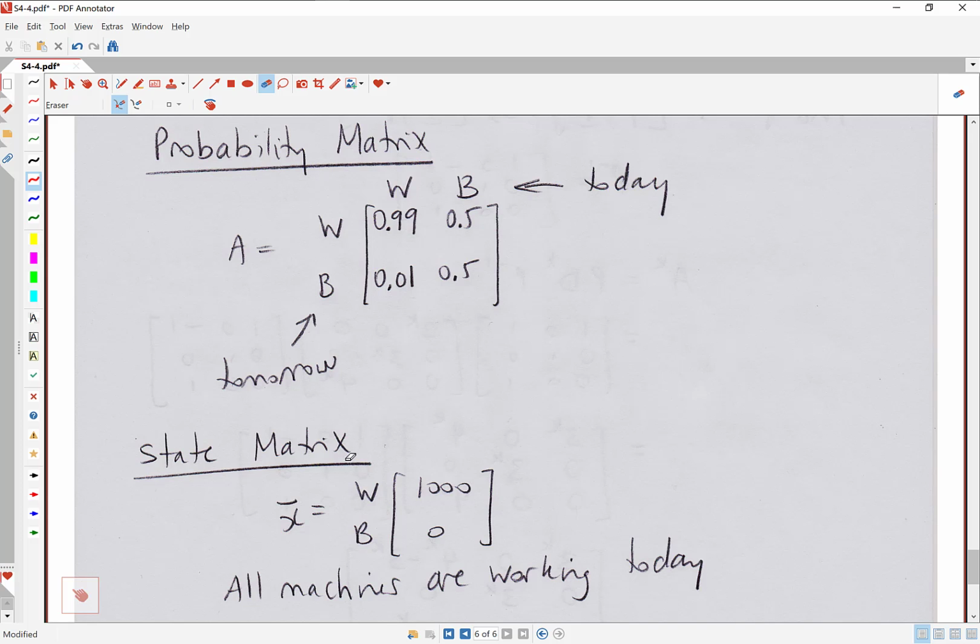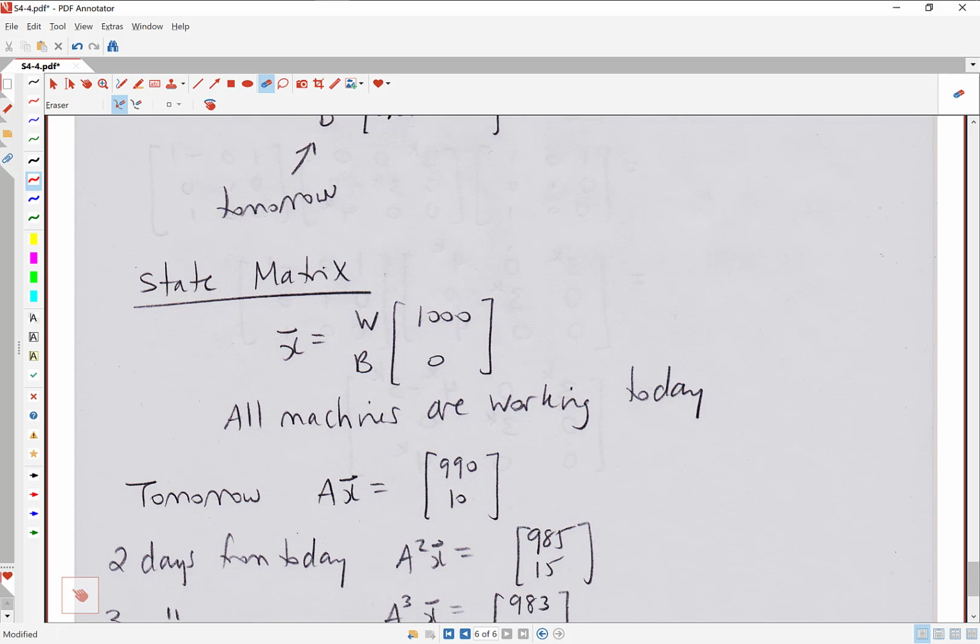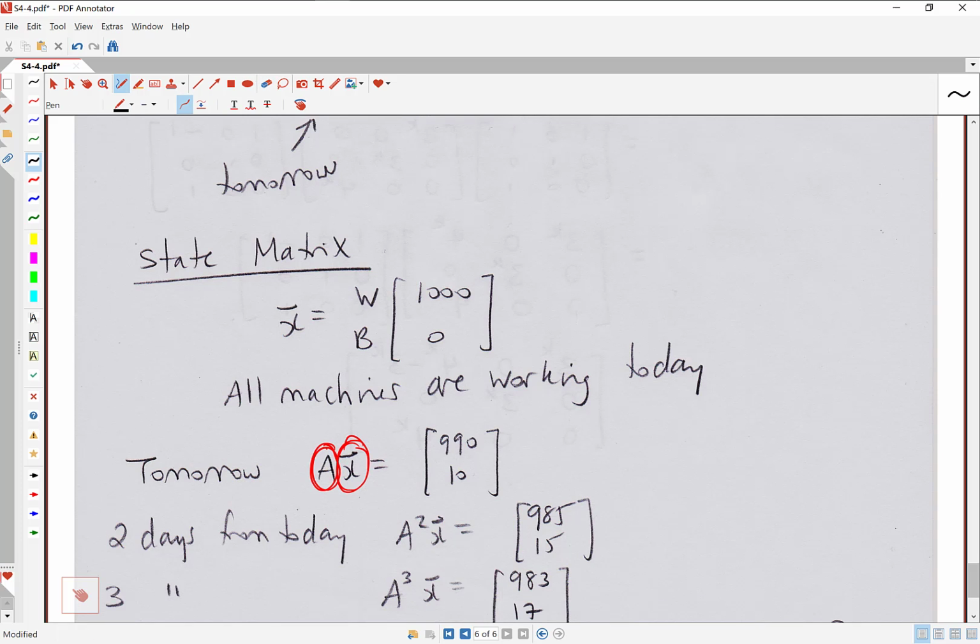If we want to predict what's going on tomorrow, it's just a matter of taking the matrix A and multiplying by X, because X represents what's going on today. Multiplying that by A moves us one day into the future. It takes us from today to tomorrow. I'll write out the details here so we can see this happening.